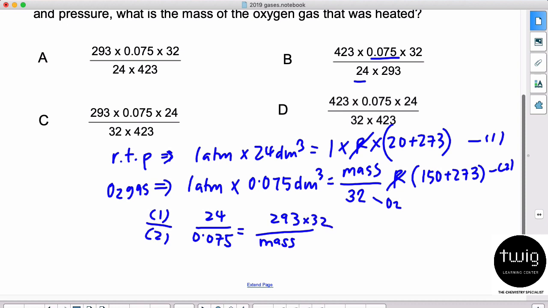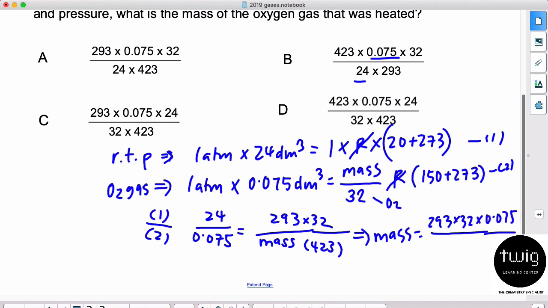Then divide by 423. That's all, and you can get the answer already. So mass equals 293 times 32 times 0.075, bring across down here, over 24 times 423.